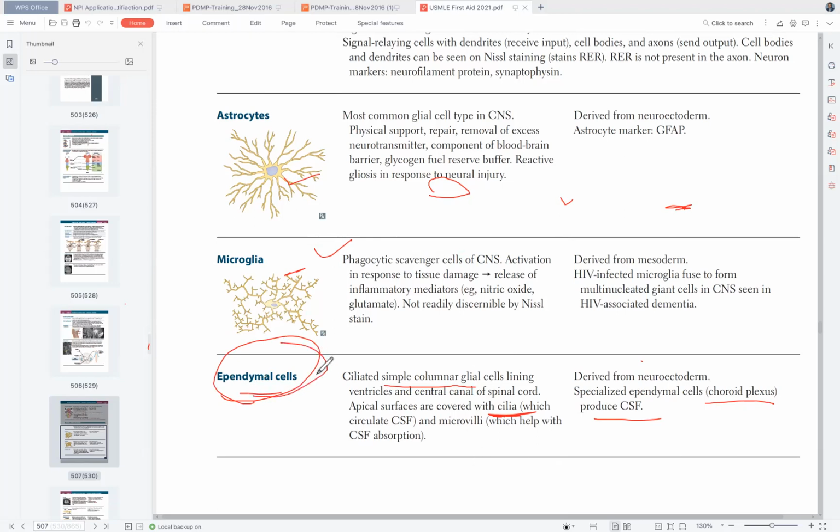But if they want to take you to the molecular level, they want to ask what enzyme is making the CSF specifically, right? Do you have an idea what enzyme that is? It's called carbonic anhydrase. It's very high yield, and you meet it several times.